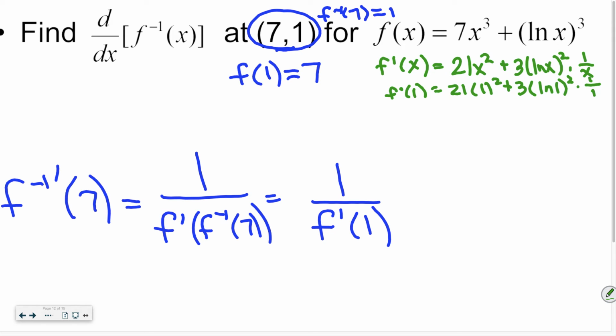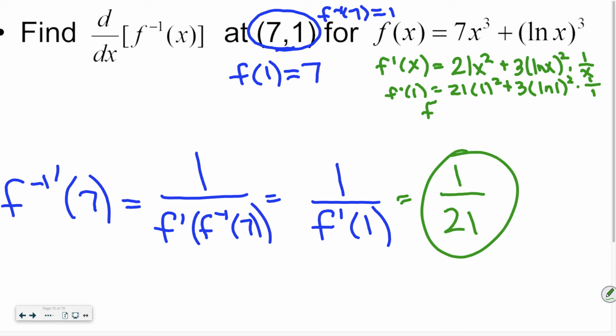What's the natural log of 1? 0. Okay. So since f prime of 1 is 21, then our inverse derivative at 7 is 1 over 21.